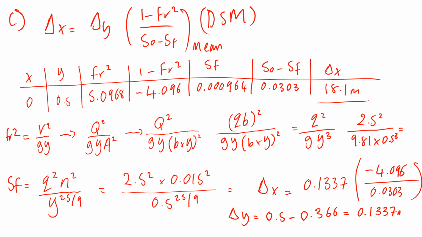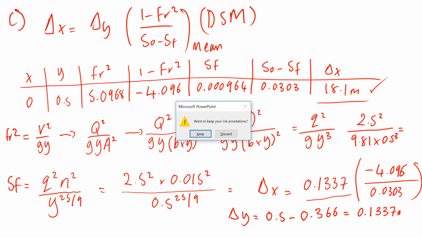If you do the mean, you'll get a different answer, but again, that would give you full marks: creating the table, working out Fr squared, working out Sf, making sure you worked out the correct delta y, and then finally working out delta x. So that would give you full marks for that question.